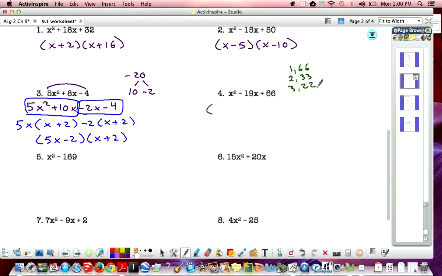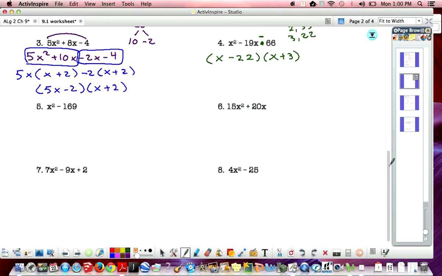So I think this one is actually a typo. Just to make this problem work a little bit better, hopefully I caught it for you when doing it, change that to a minus 66. Because then it would factor to (x minus 22)(x plus 3). I think that's what it was actually meant to be.